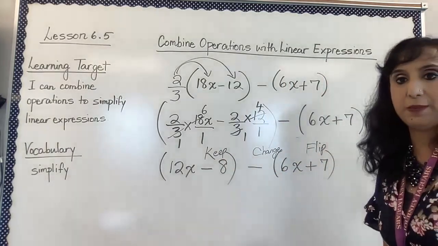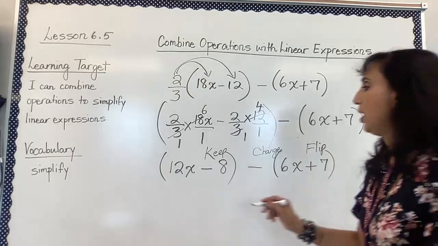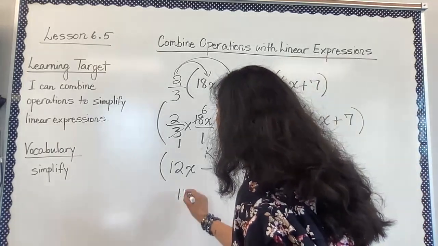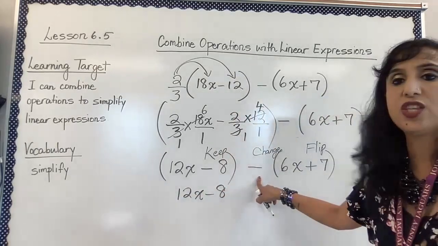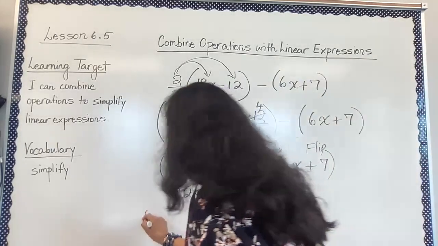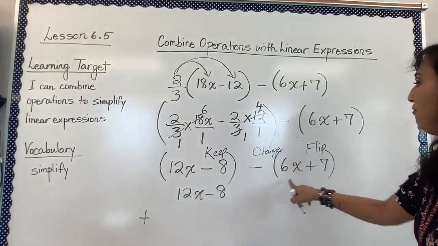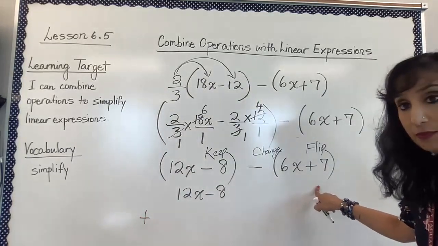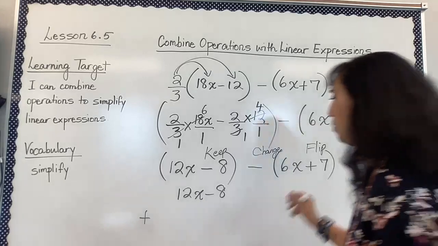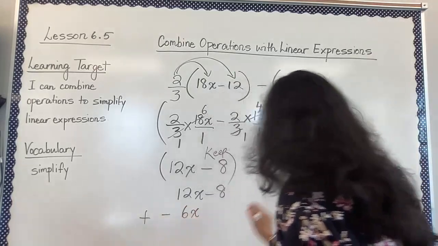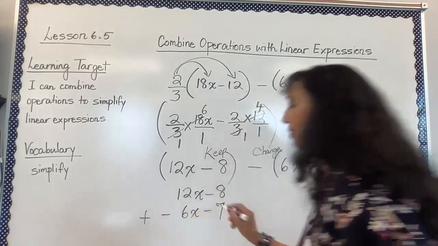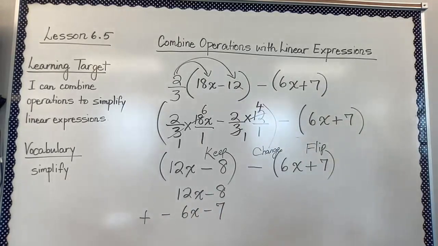So I'm going to put this as 12x minus 8. Change the minus to a plus, and then flip the signs. So this becomes negative 6x minus 7.